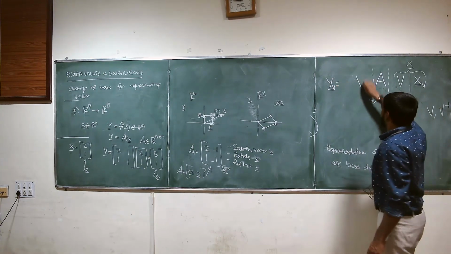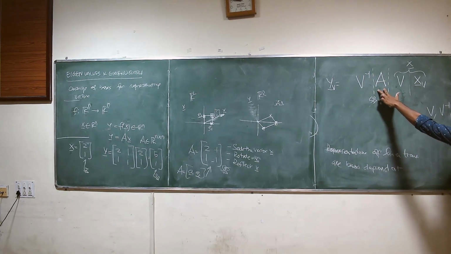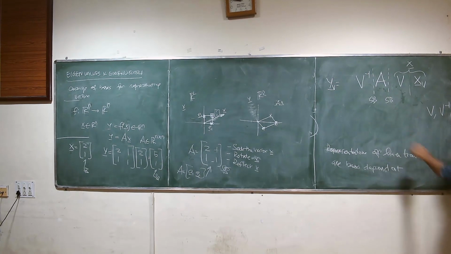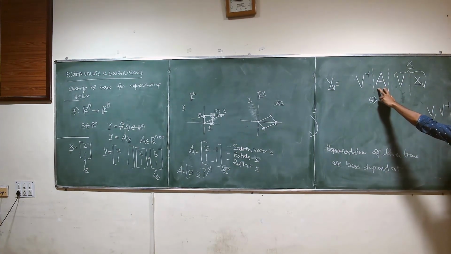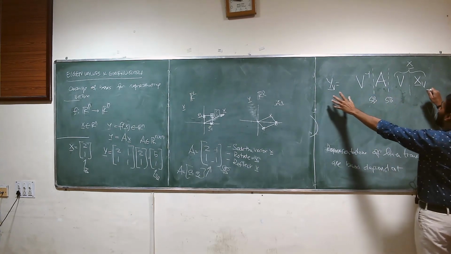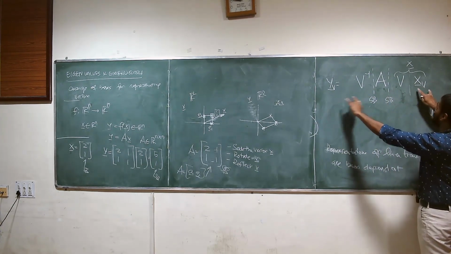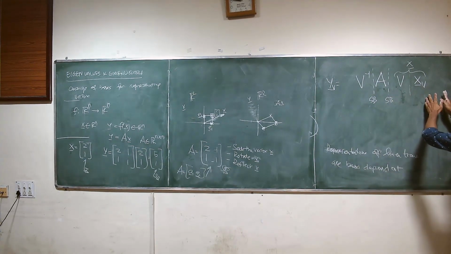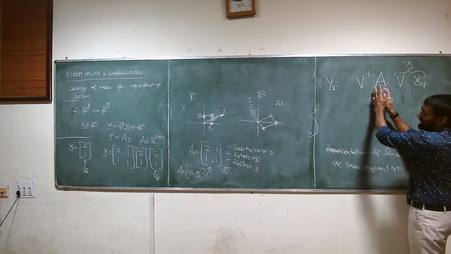Then you do V inverse. Okay. So if you have V and V inverse and the linear transformation that you're interested in, in the standard basis, and if you want to work only in the V basis, then all you have to do is take vectors in the V basis, convert them to the standard basis, apply the transformation, and convert back to the V basis.